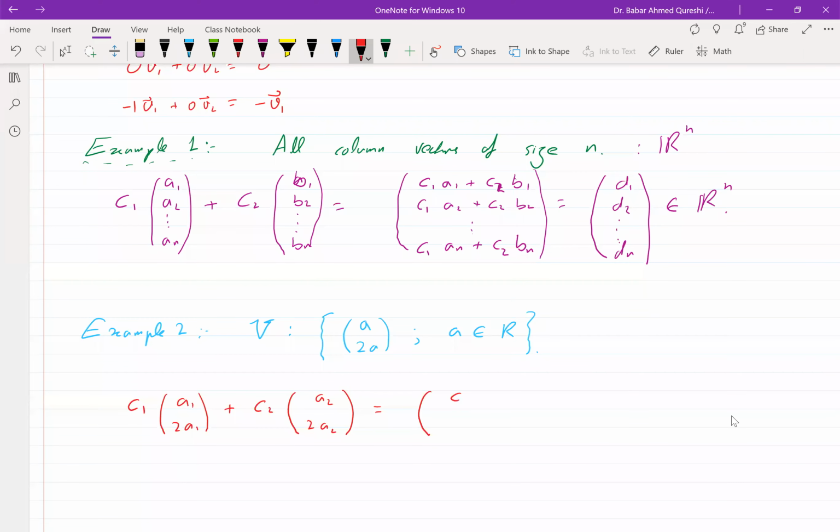And by the rules of this addition, this thing C1A1 plus C2A2 is just another number.